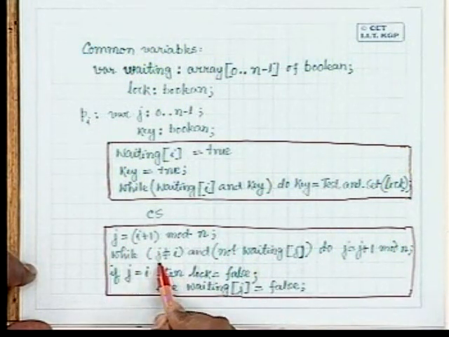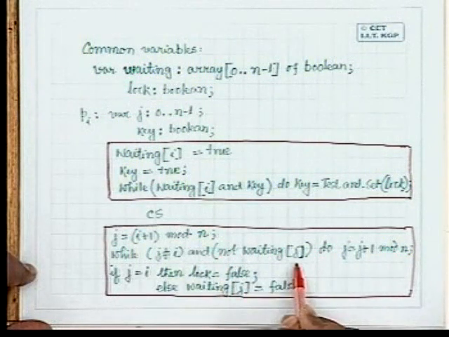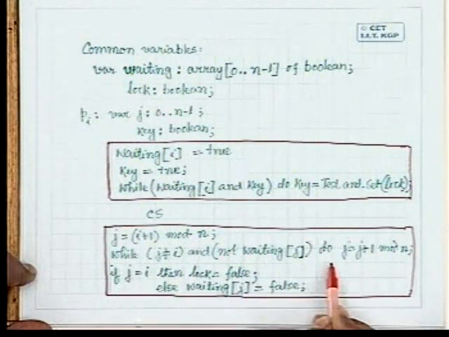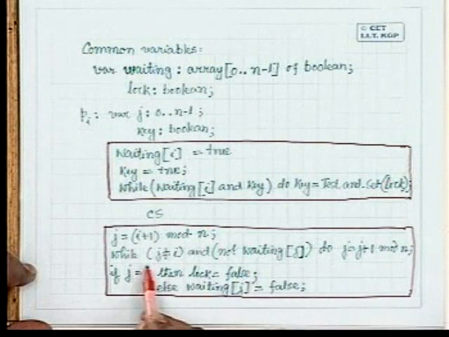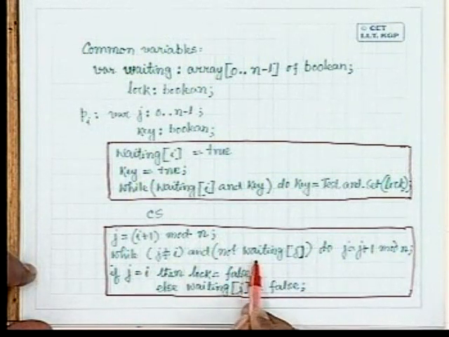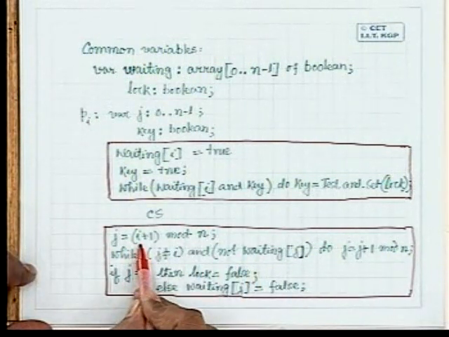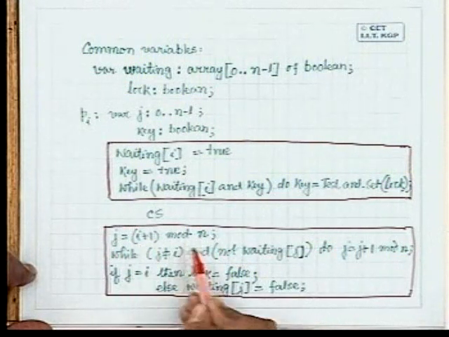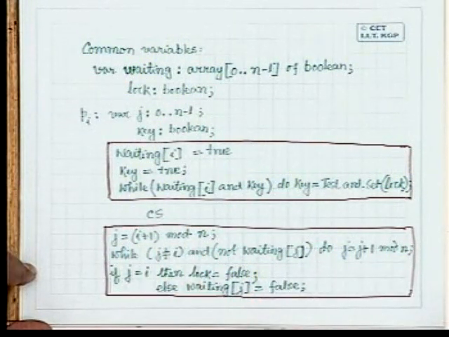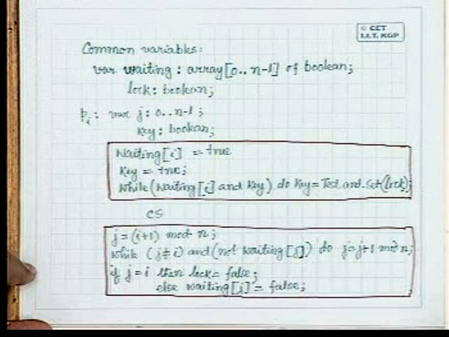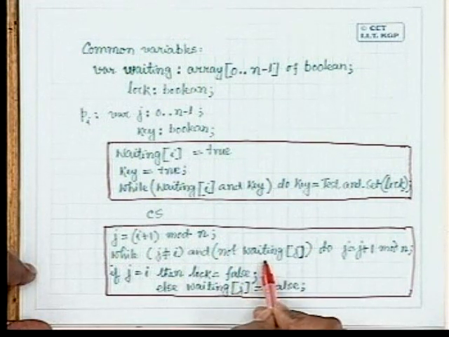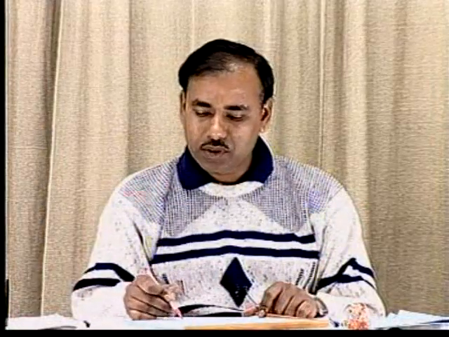Then, while j not equal to i and not waiting[j], do j equal to (j plus 1) mod n. Now, why this statement? j has been set to the next process in the sequence, but it may so happen that the jth process does not want to enter the critical section. Then you should decide who is the next process who will enter the critical section. So it checks that not waiting[j] is true, that means waiting[j] is false.